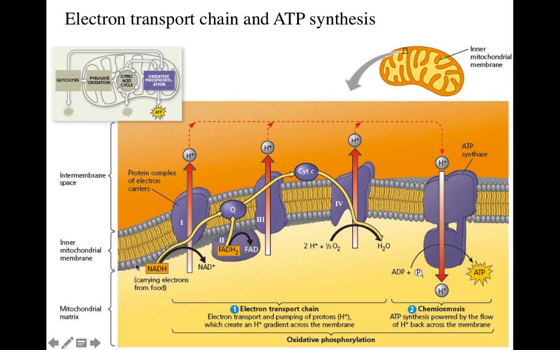So NAD got reduced to NADH carrying electrons, and FAD got reduced to FADH2. So both of these two electron carriers have carried electrons from the citric acid cycle, and the job of both of these two molecules is to pass these electrons on to the electron transport chain.